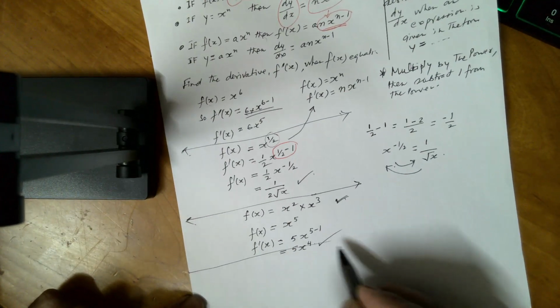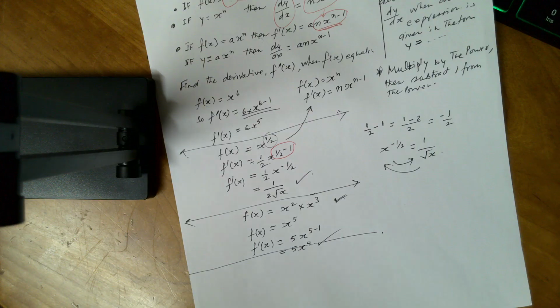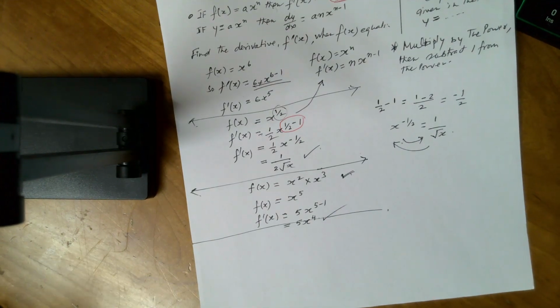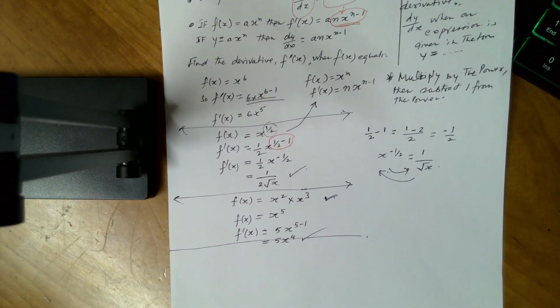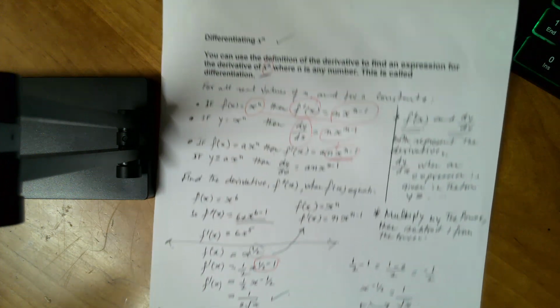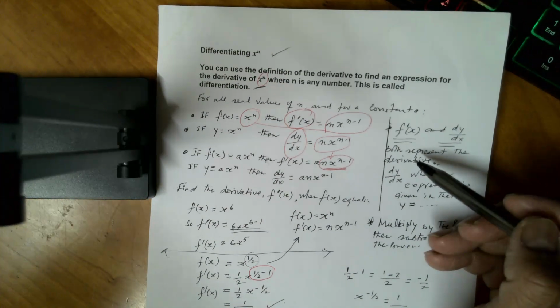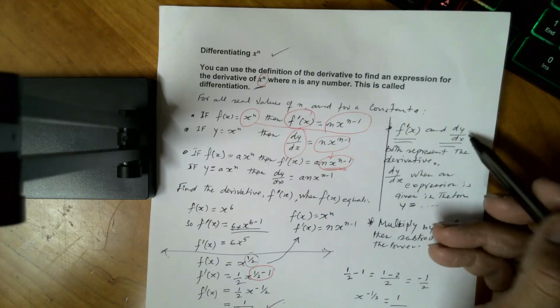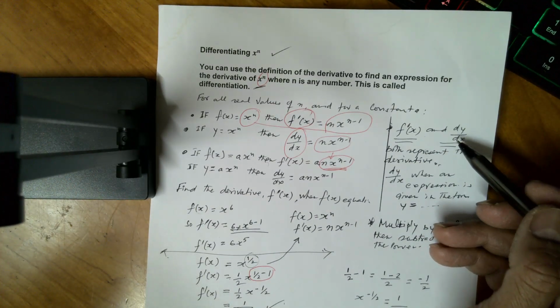This is when it's been given to you in f(x), as I explained to you earlier, there are two ways of representing, this way and this way, and both represent the derivative.